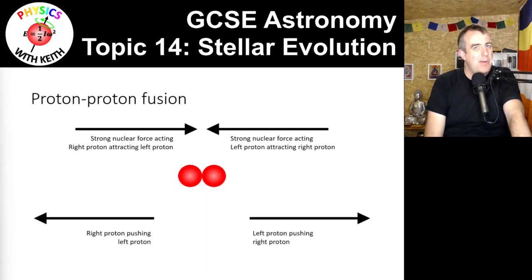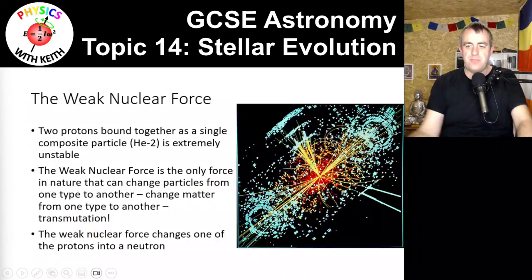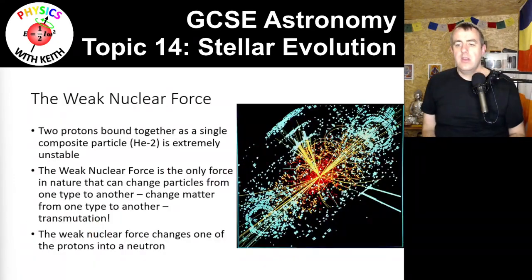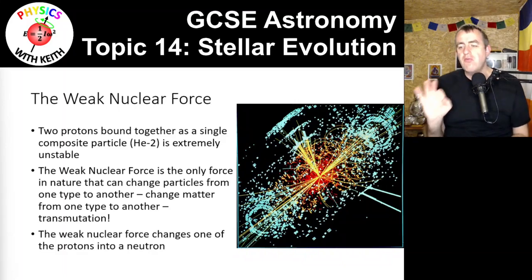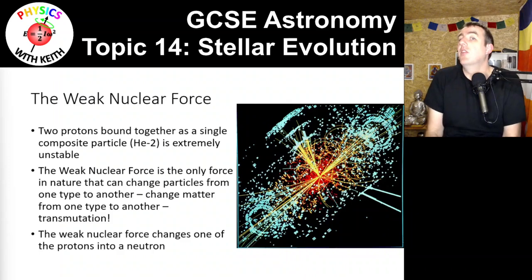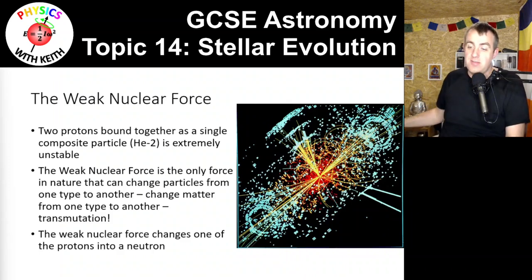That doesn't happen. What happens next is one of the protons changes. As it says here, it's incredibly unstable to have helium-2. In fact, I'm not convinced we've ever isolated helium-2 and done any sorts of experiments on it because of how short-lived it is, because of how unstable it is.